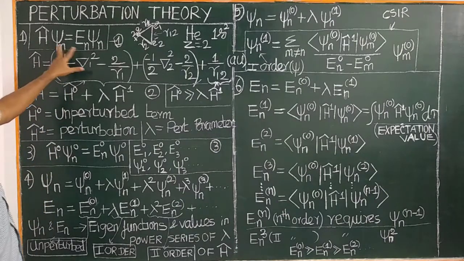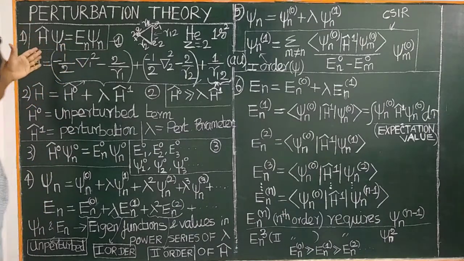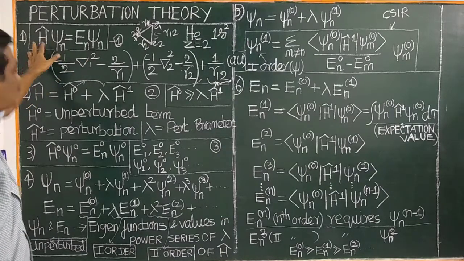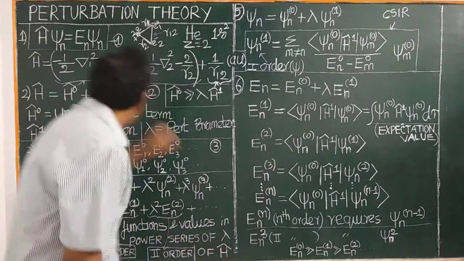Psi n and En are the eigenfunctions and eigenvalues of the total Hamiltonian operator.